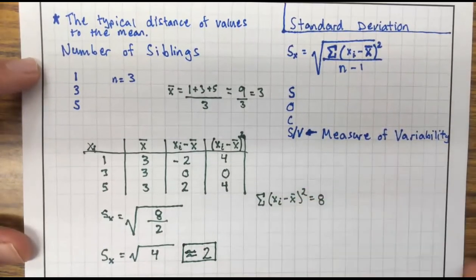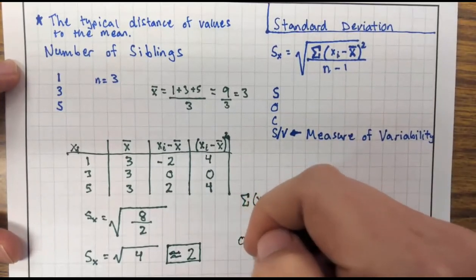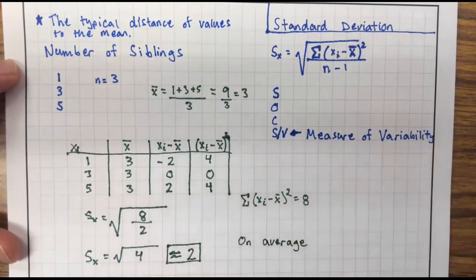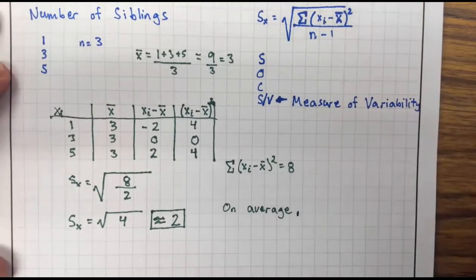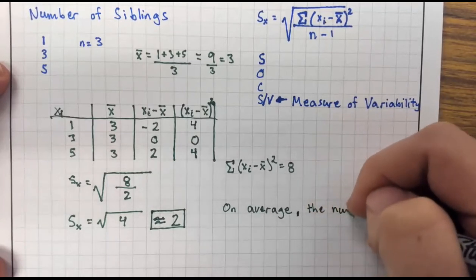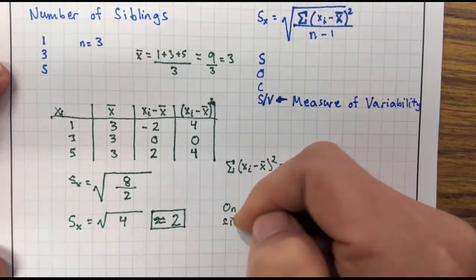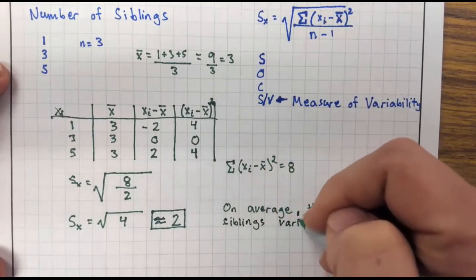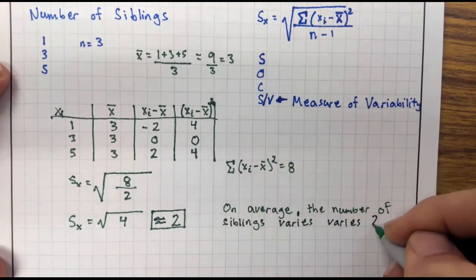Now let's just interpret this real quick in context. So again, to interpret, you're always going to want to add context. On average, the number of siblings varies by 2.